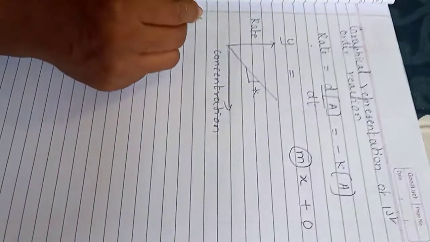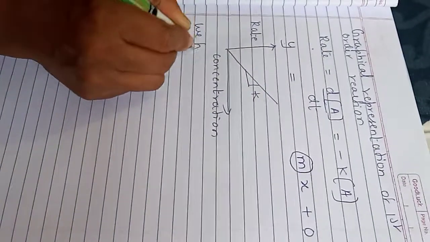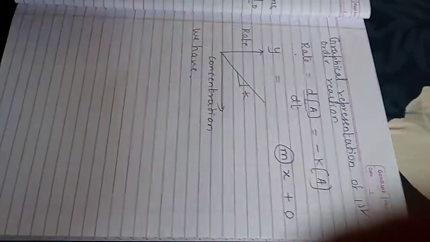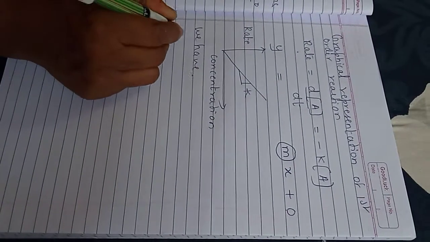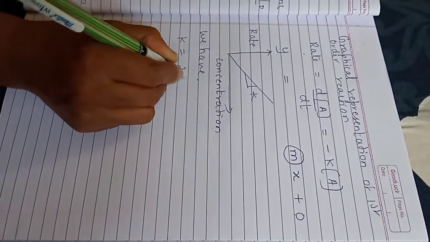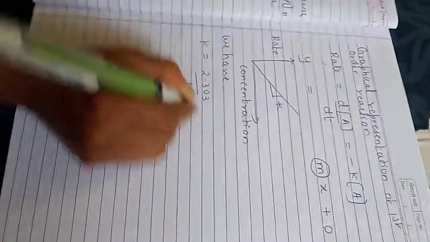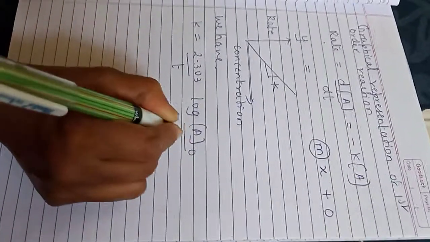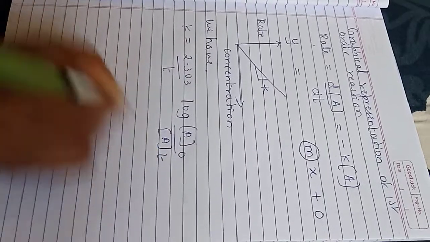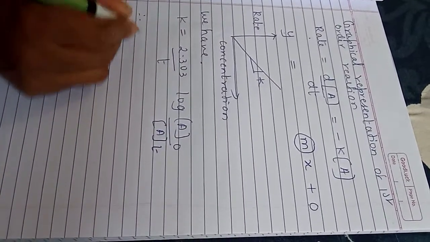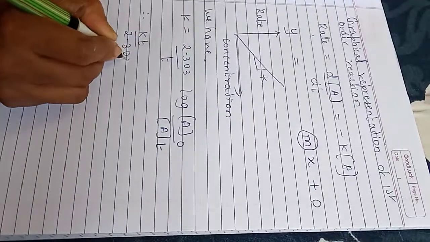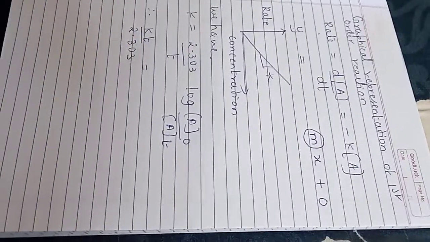Okay, now next we have, students, I will teach you that equation again. I will write it down, otherwise you will get confused. We have K is equal to 2.303 divided by t log of concentration of A at time 0 over concentration of A at time t. Therefore cross multiply, Kt upon 2.303 is equal to what, students?